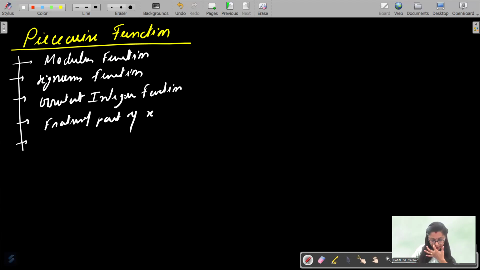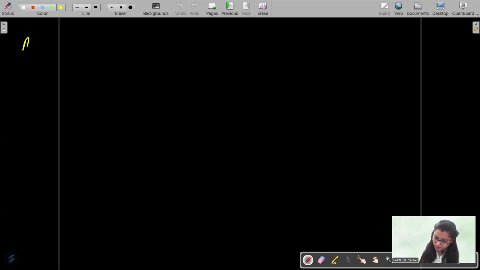And the next one is the least integer function. Okay, so in today's class, we will discuss these types of functions, their graphs, with domain and range. Let us start with the modulus function.